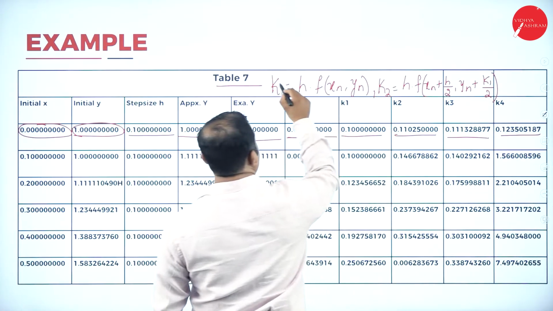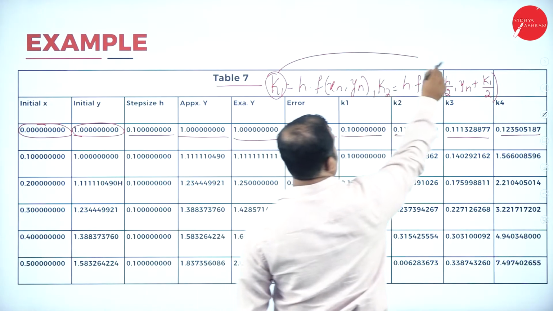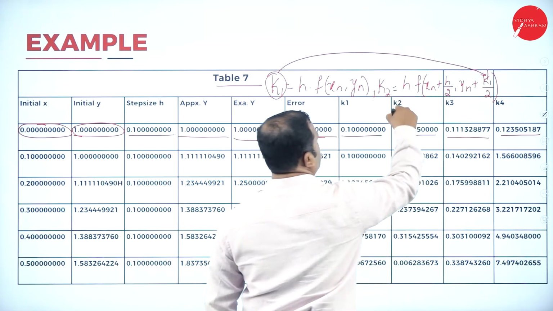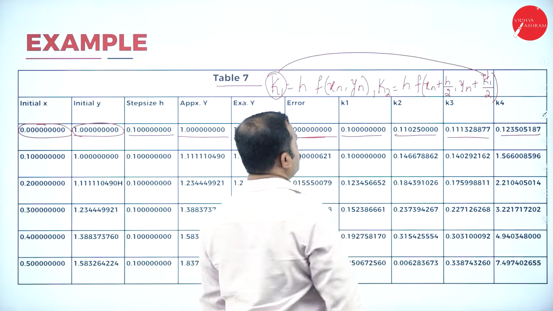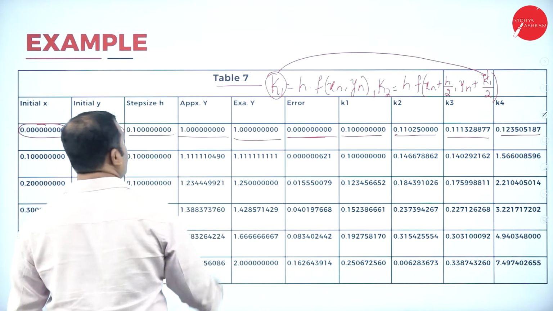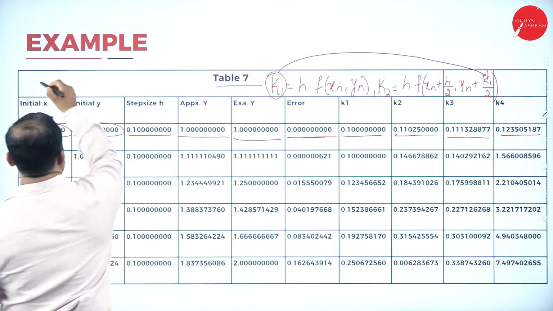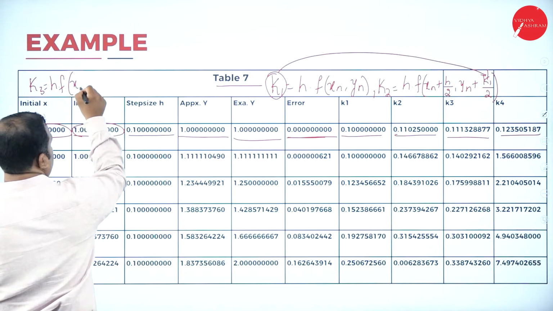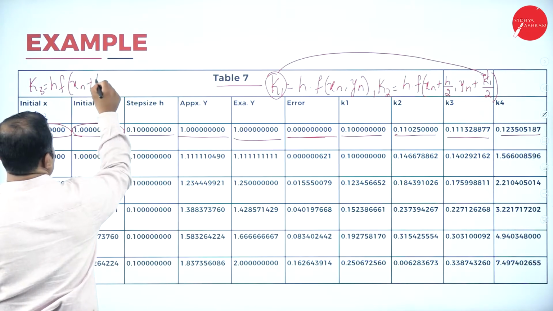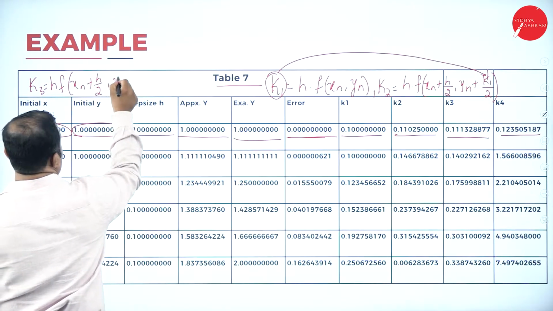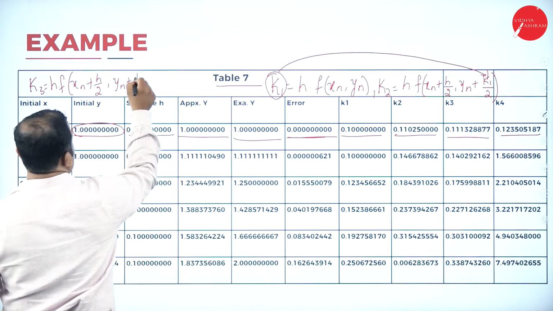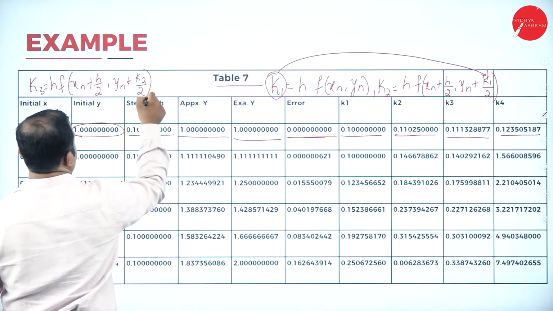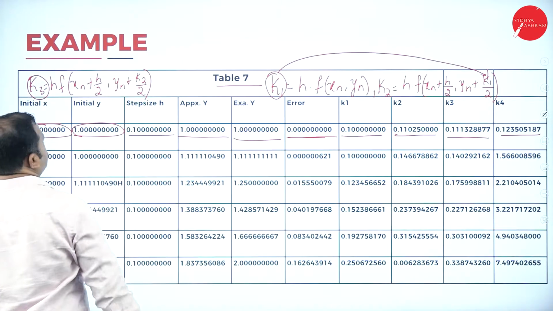As I have already determined k1, this value is applied here and divided by 2 to get the value of k2. How can we find the value of k3? k3 is equal to h into f of xn plus h by 2 comma yn plus k2 by 2. This gives me the value of k3.